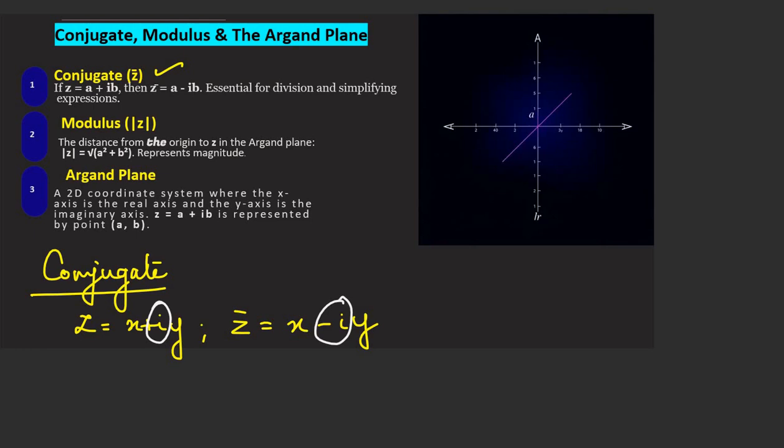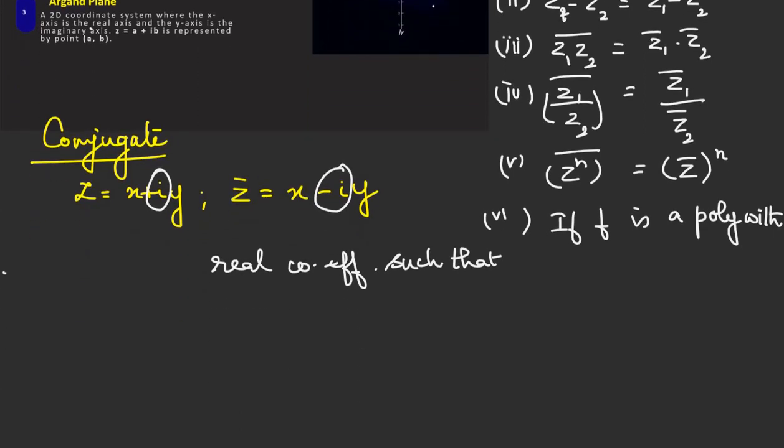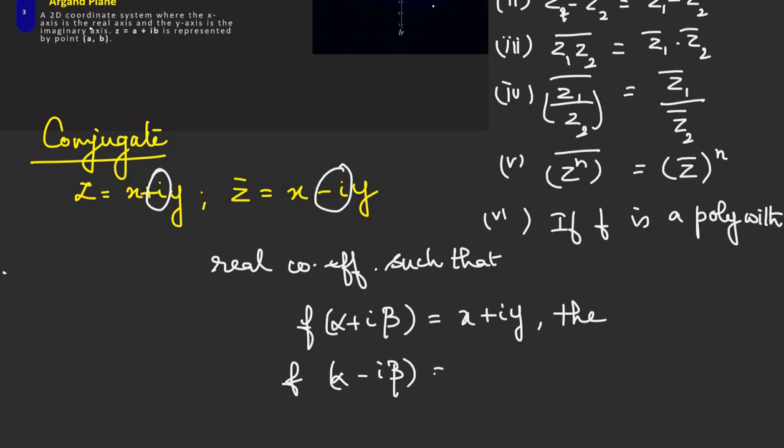Now coming to the properties of the conjugate. If f is a polynomial with real coefficients, then if f of alpha plus i beta is equal to x plus iy, then f of alpha minus i beta is equal to x minus iy. These are the properties of conjugate.